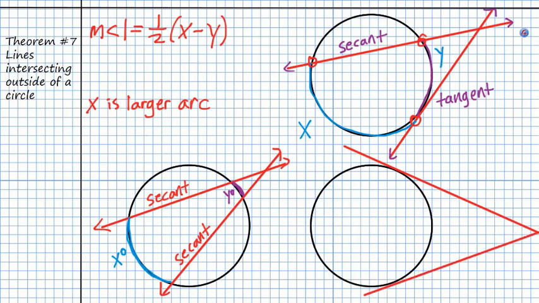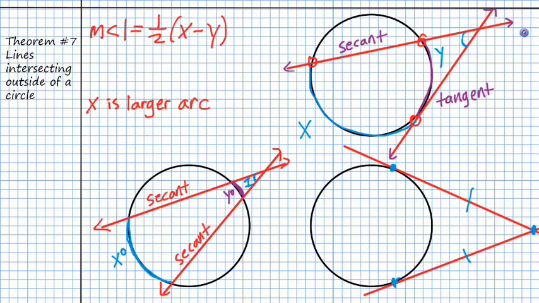So if you have these two tangent lines which meet out in space somewhere, you already know something about the lengths of the tangent segment from here to here, right? You know that those are going to be congruent. But now we also know something about the arcs. You know that the measure of this angle here, and let me go back and put this in, the angle that we're measuring here is at the intersection.